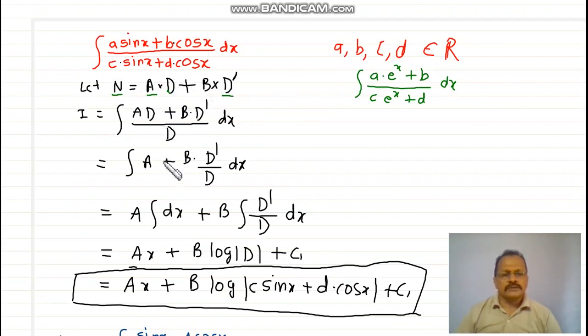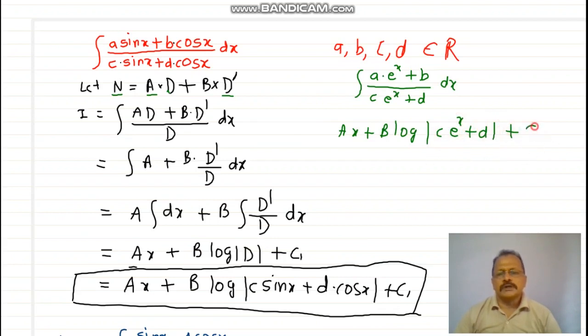Then on the same lines your answer will be ax plus b log|D|, that is b log|c e raised to x plus d|, plus the constant of integration c. Similar method can be applied.